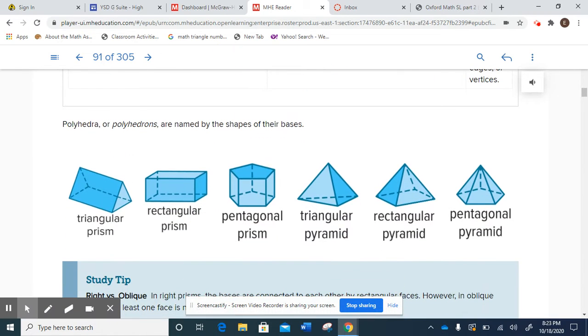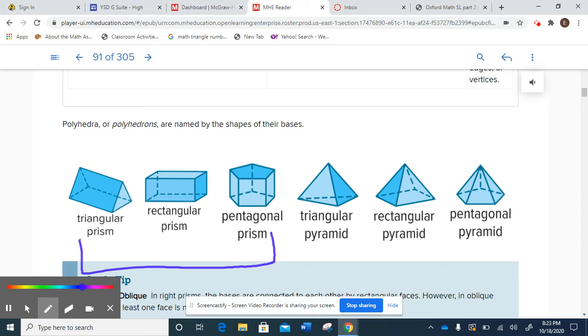Here are the different types of polyhedrons or polyhedra, if you're talking plural. The first three are different types of prisms, and they're named based off of the base that they have. So we have the triangular prism, we have the rectangular prism. There's no such thing as a cube prism, it's just called a cube. And then we have the pentagonal prism, and then it goes up from there.